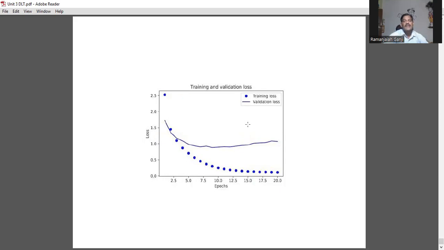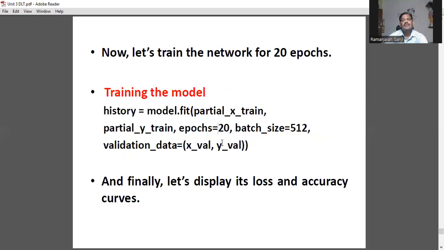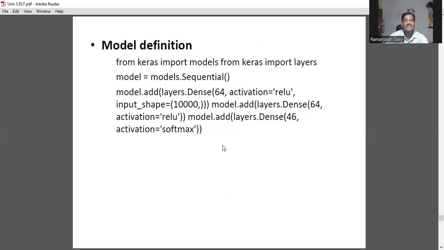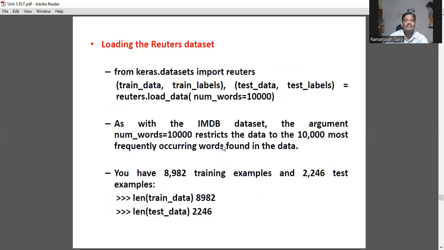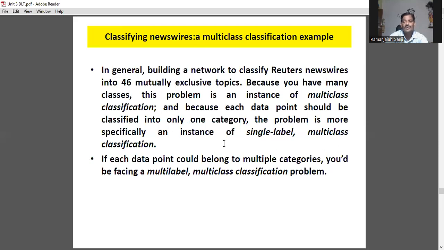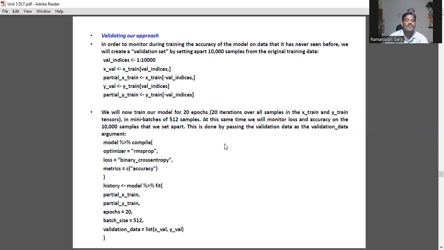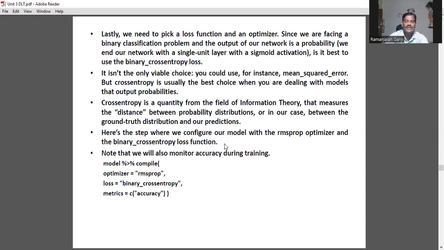So in this case, we have the difference. You can expect one question from these two in public examinations; it is very important. You have to clearly write it in a lengthy manner, because movie reviews and newswire differ. One is binary classification, the second one is multi-class classification.